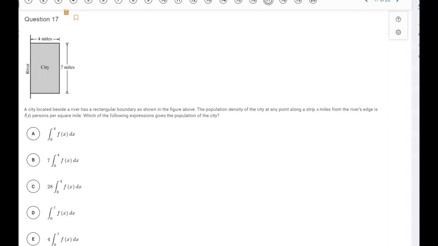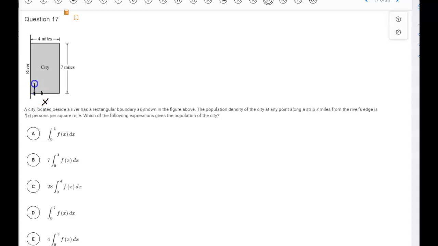So what we have here is we have X is going to go down here, but I don't want you guys to think X means this length. It doesn't. X is a changing value, which means that here X equals something, and there the population is pretty dense. Here X is another value. That's X miles away from the river, and there the population is even less dense.